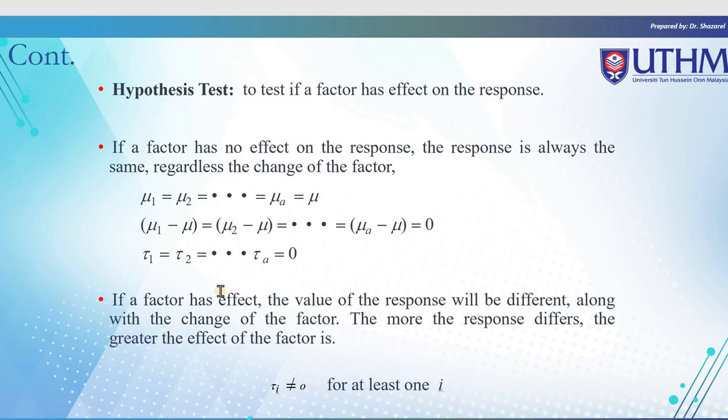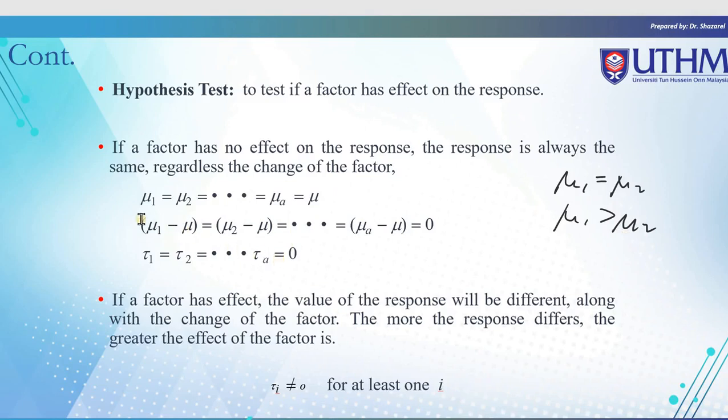What we are going to test involves different means. Basically, in the previous chapter we wanted to test whether mu1 equals mu2 or mu1 is greater than mu2, so it only involved testing of two means. But now we can have more than two. Okay, this is called ANOVA.